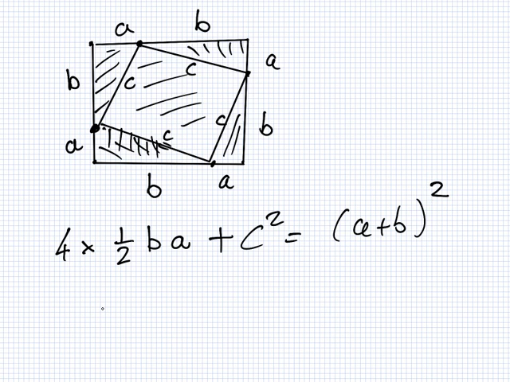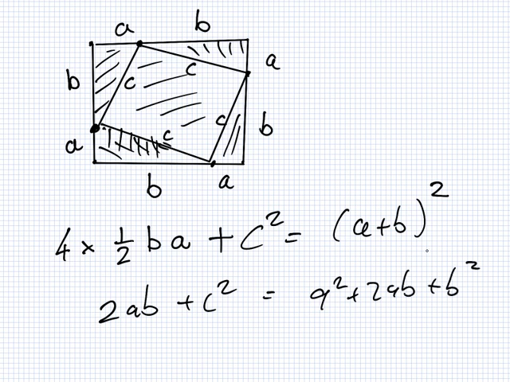Let's see what we get. So we get 2AB plus C squared equals A squared plus 2AB plus B squared. Cancel, cancel, and you're left with C squared equals A squared plus B squared. So, like I said, it's a short proof, and this is the proof of it.